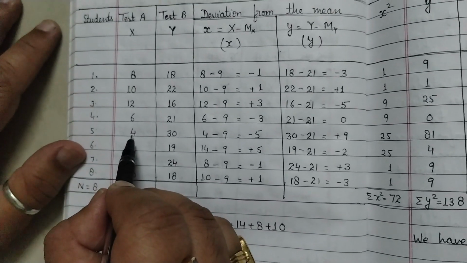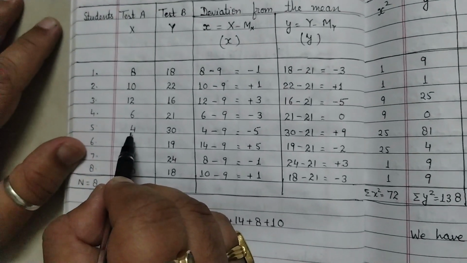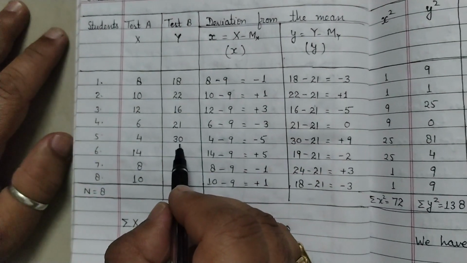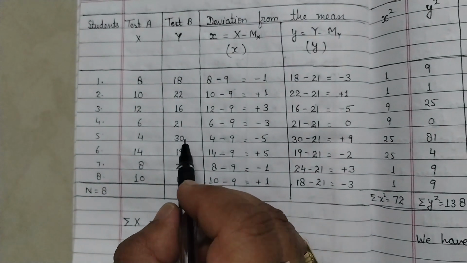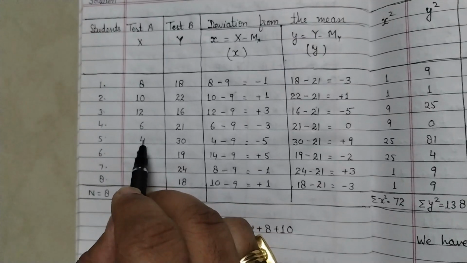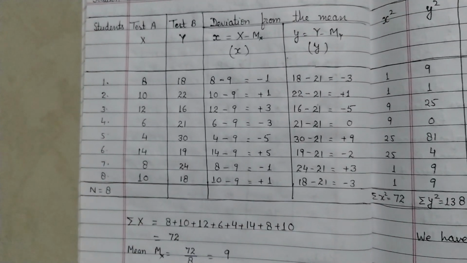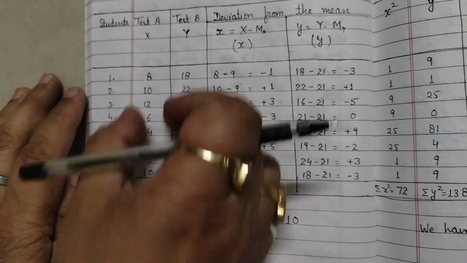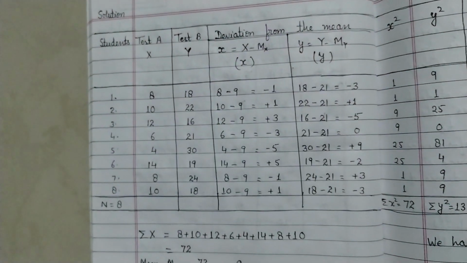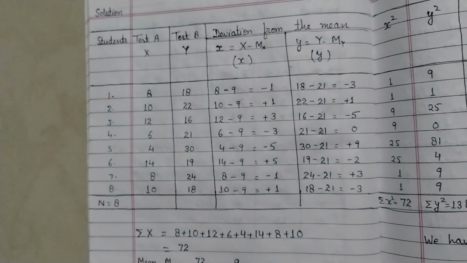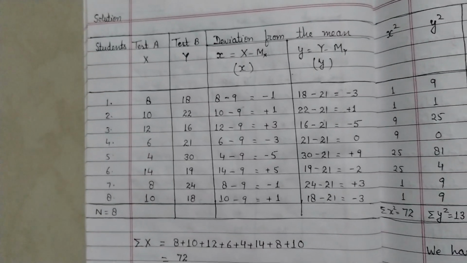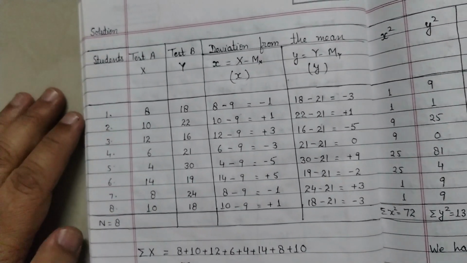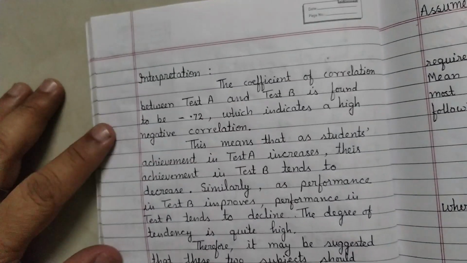Student 5 has scored 4 marks only in subject X and 30 marks in subject Y. That means in one subject he is doing very well, and at the same time in another subject he is not performing well. So from the data it is clear that in such a case the correlation obtained is of negative correlation type.